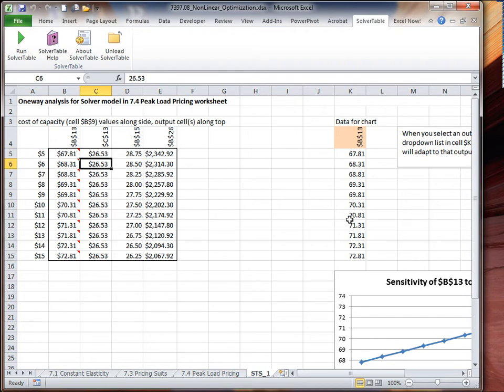On my off-peak price, it doesn't change at all. And my capacity, lo and behold, as the cost of capacity goes up, the amount of capacity that I choose goes down by a quarter of 10 megawatts. So that's what, 2.5 megawatts.